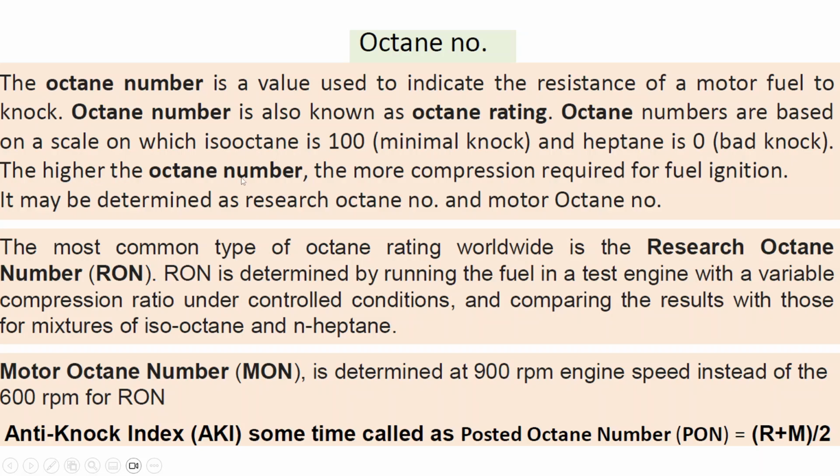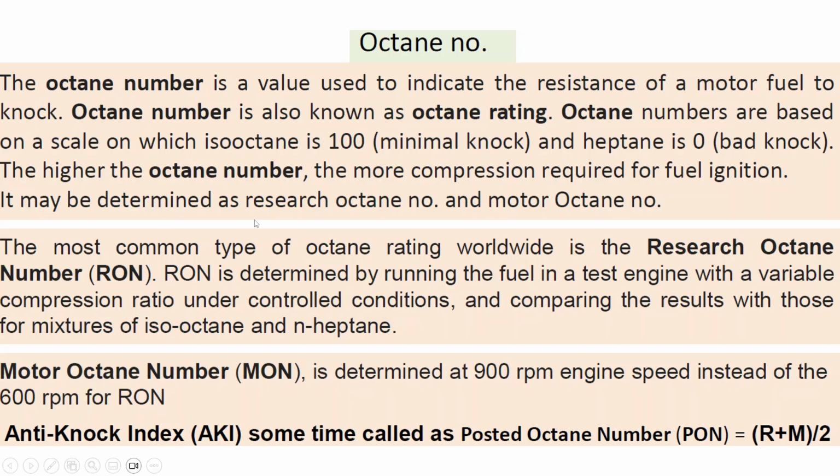So the higher the octane number, the more compression is required for fuel ignition. It can be determined using the research octane number and motor octane number methods. Research octane number is determined by running a fuel in a test engine with a variable compression ratio under controlled conditions, and comparing the result with those for a mixture of isooctane and heptane.